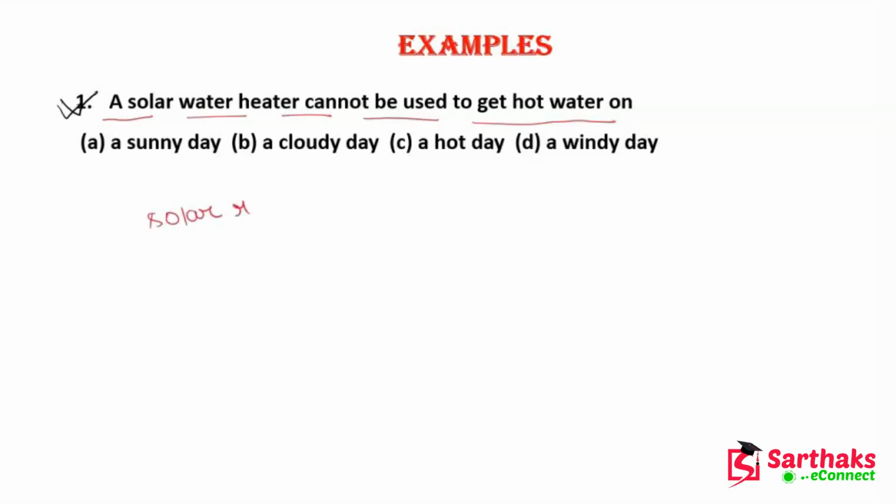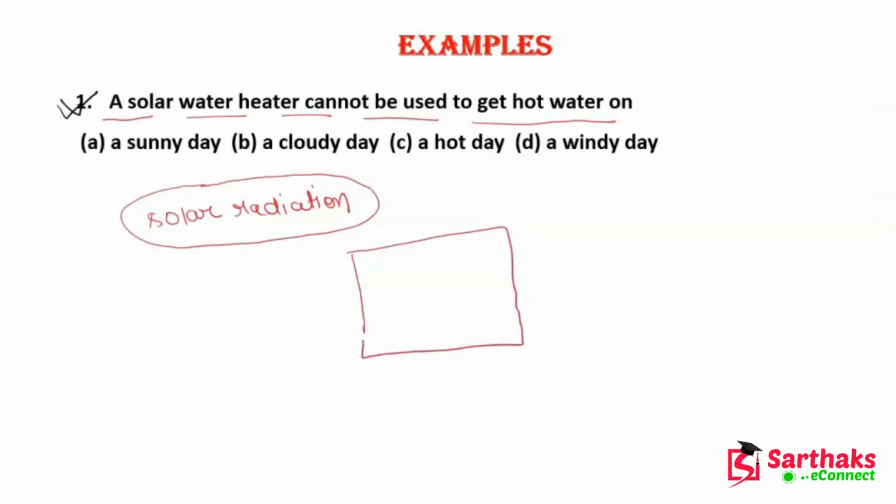The solar radiation comes from the sun, and the sun is the unlimited source of solar radiation, because the sun is a hot sphere. Now these radiations come from the sun and are incident on the solar panel. This is our solar panel.